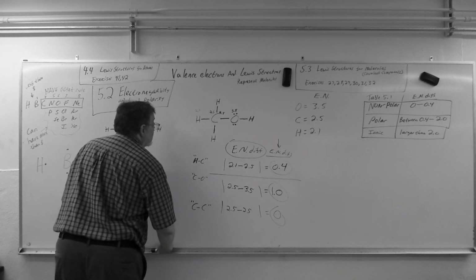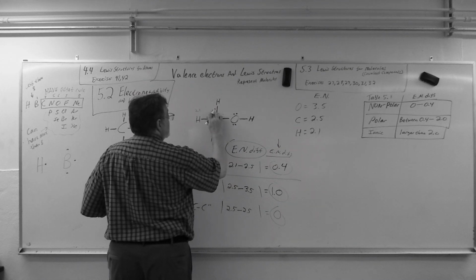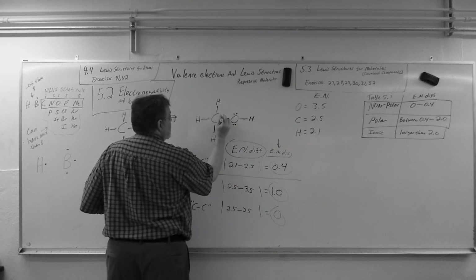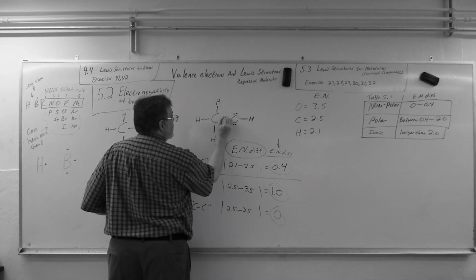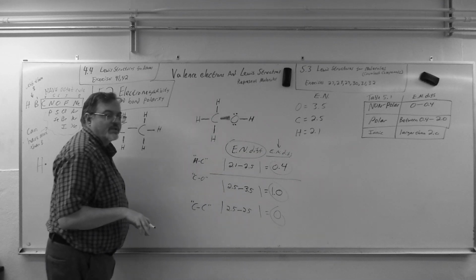This, erase these. This is a polar bond. Right there. I'm trying to show it thicker on the right side to say that the electrons are being pulled towards that oxygen.